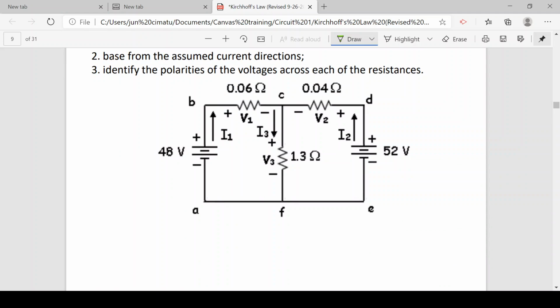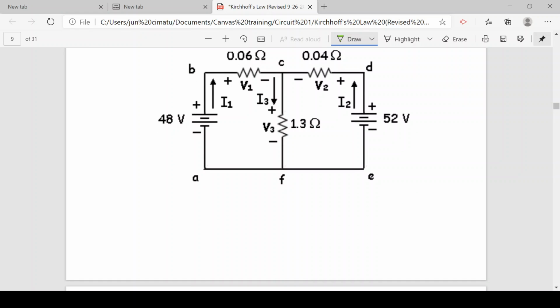So this is actually what we have analyzed. These are the circuit above.